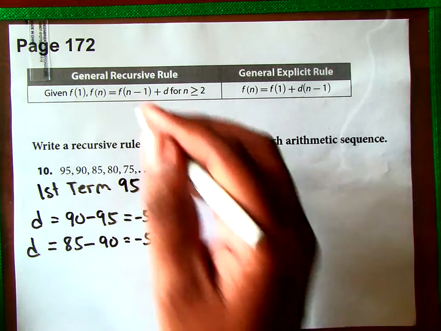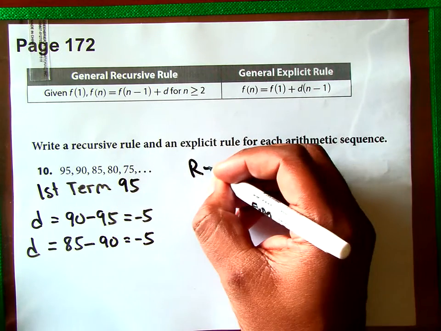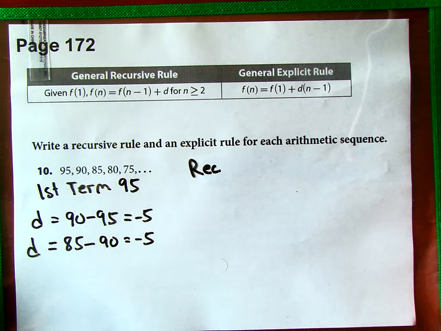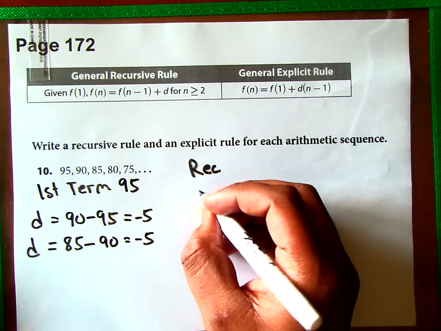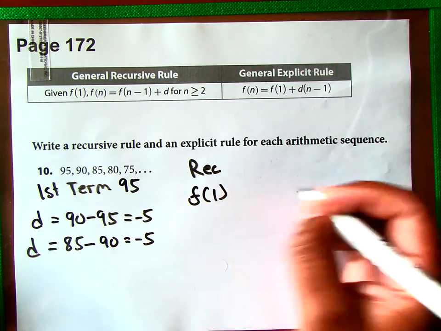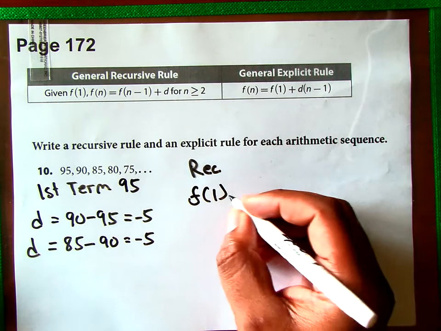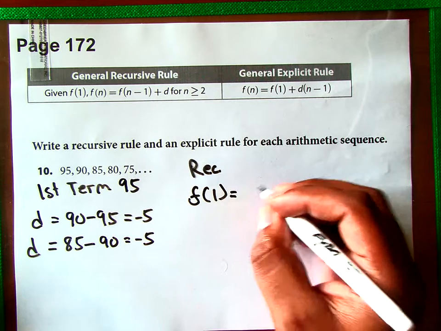All right, now I'm going to go ahead and write out the recursive rule. And that's going to be the given f of 1 is equal to my first term, 95.